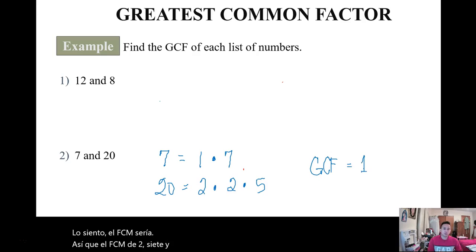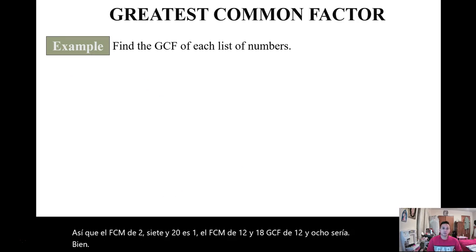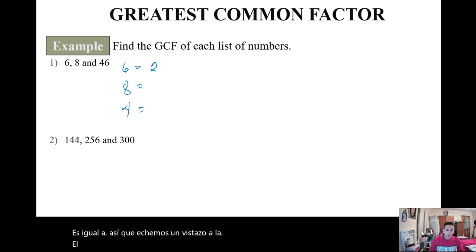The GCF of 12 and 8 would be 4. All right. Another example here, we have 6, 8, and 46. Let's take a look at the prime factors. So 6 is 2 times 3, right?